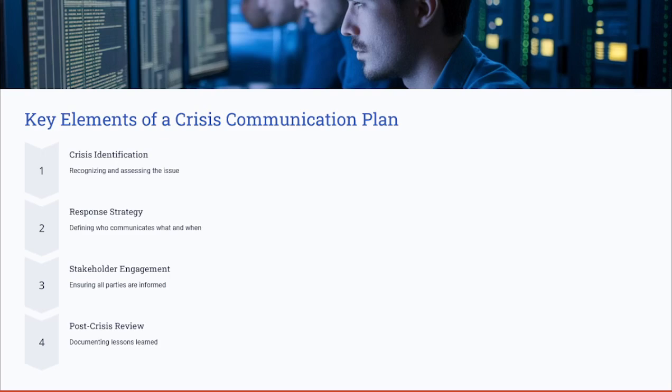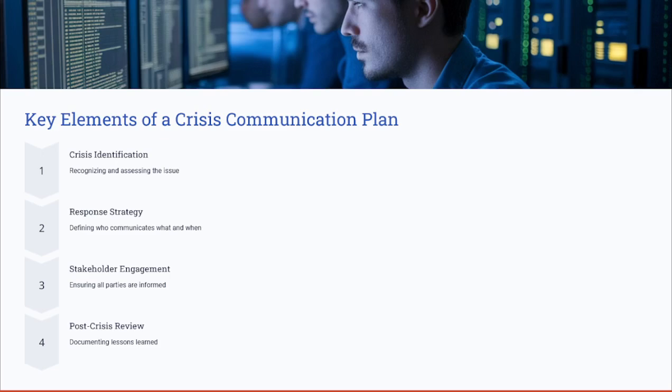The key elements that a crisis communication plan should include: a well-designed crisis communication plan includes identification, response, stakeholder engagement, and review. To start with, crisis identification is recognizing and assessing the issue.